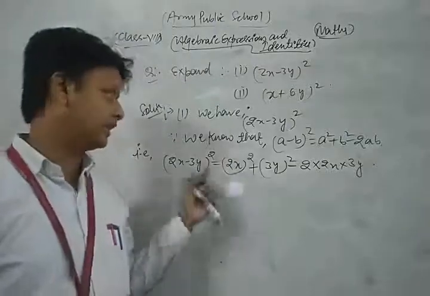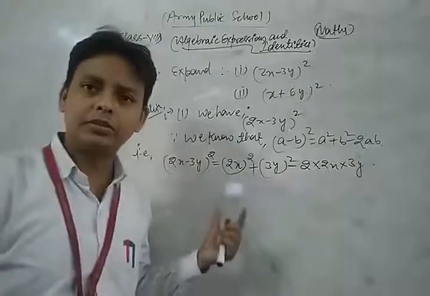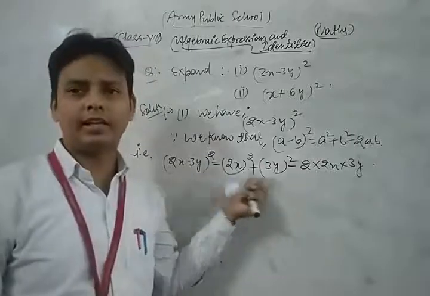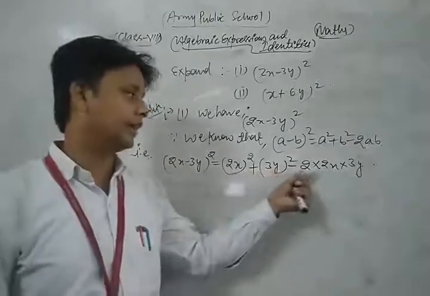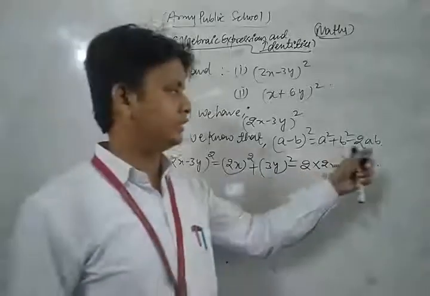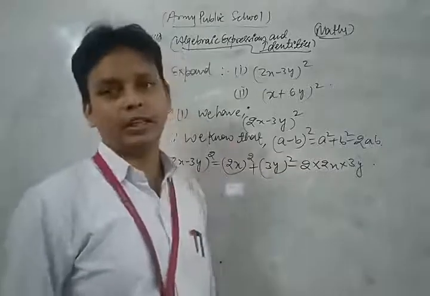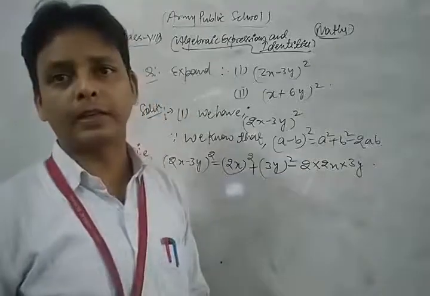Here a square, where a is 2x, and b square, where b is 3y. So a square plus b square, where a is 2x and b is 3y, minus 2 into a, which is 2x, into b, which is 3y. In this way, first of all, we expanded.